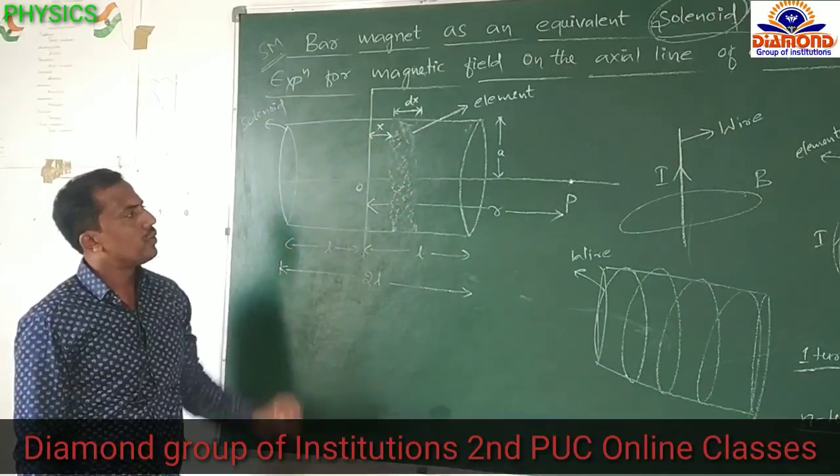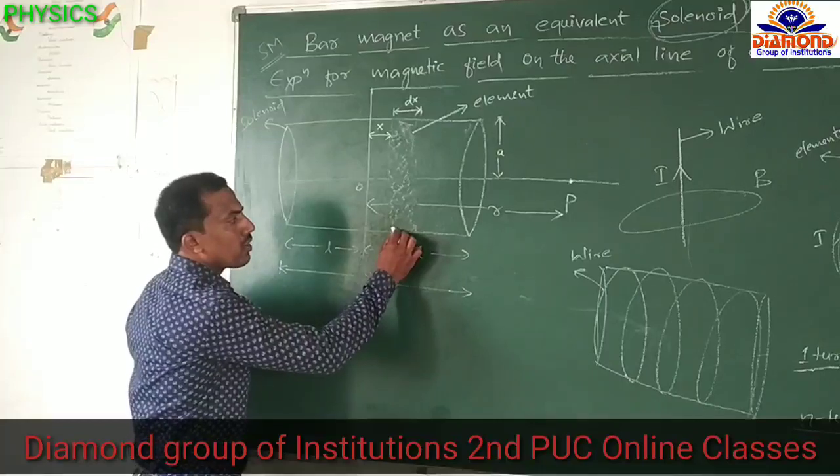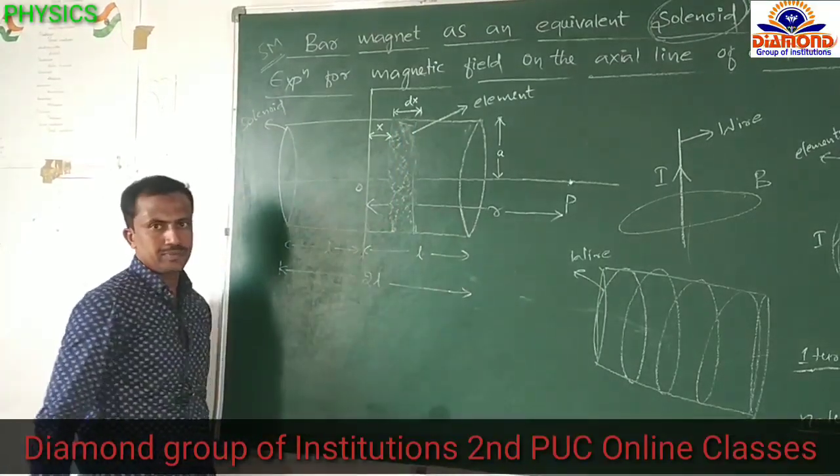Now, how many turns are in this element?